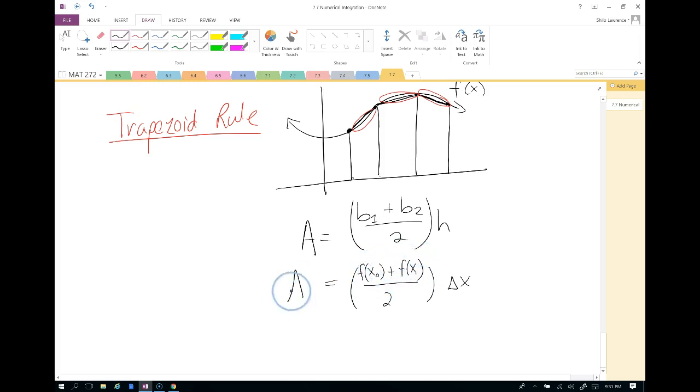And this would be the area of our first trapezoid. And then we would do that for each of the trapezoids. What ends up happening is all of those middle boundaries are going to get used twice, because this boundary right here is the right endpoint on your first trapezoid, but then it's the left endpoint on your second trapezoid.